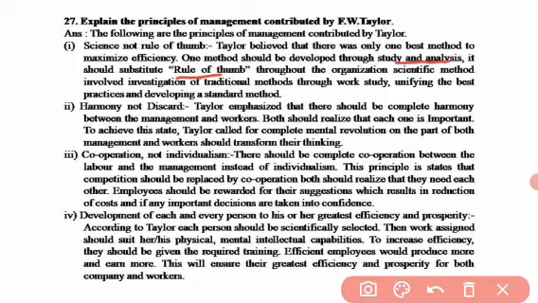Throughout the organization, scientific method is involved. Investigation of traditional methods through work study, unifying the best practices and developing a standard method. So first principle of Taylor, he says that science, not rule of thumb.